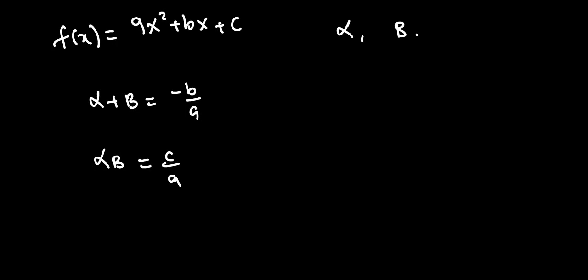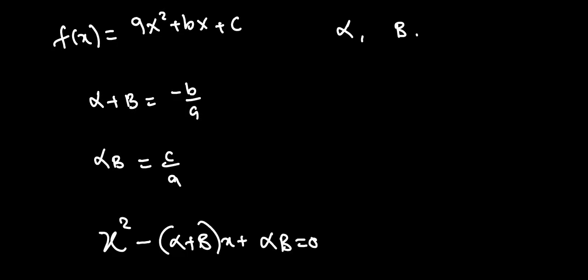You can also formulate the quadratic equation back if we know alpha and beta: any equation is x squared minus the sum of its roots times x, plus the product, equal to 0. The sum and the product must always be known.